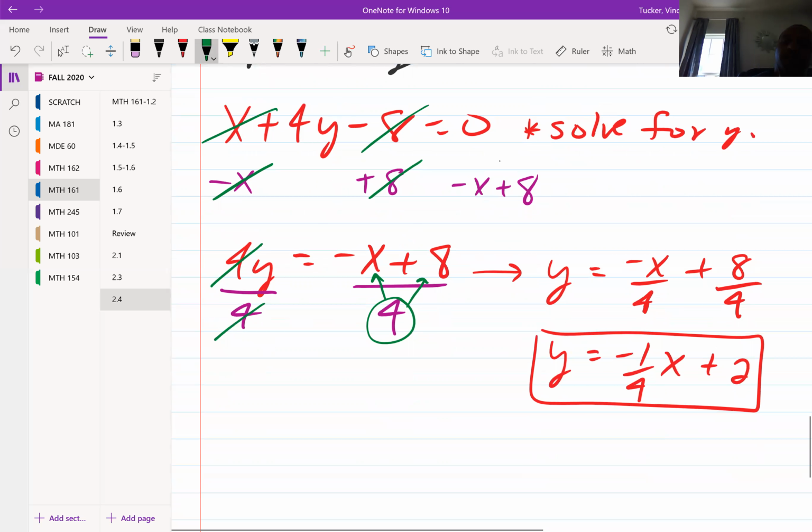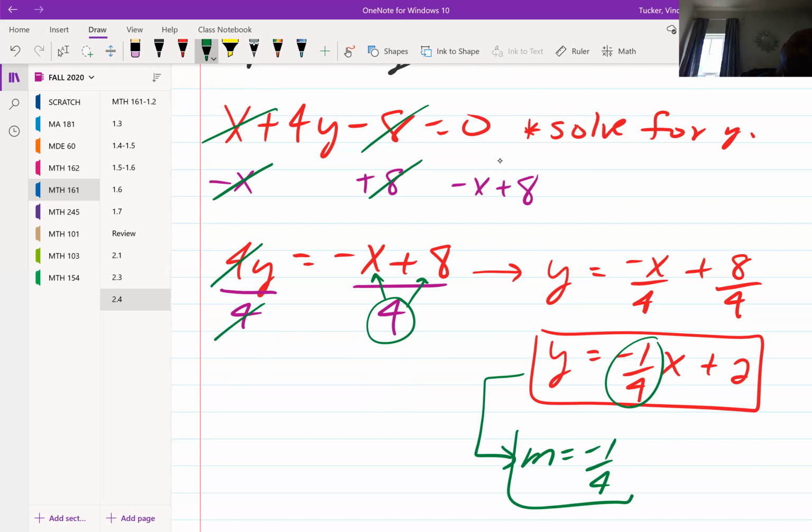So that's our most simplified equation. Don't forget, the reason we do this is because we want to know what our slope is. Once we've solved the equation for y, what's sitting in front of x is my slope. So m is equal to -1/4. That's the original slope the problem has given us.